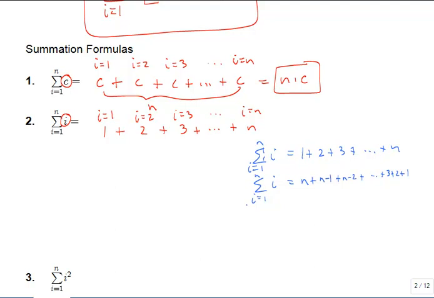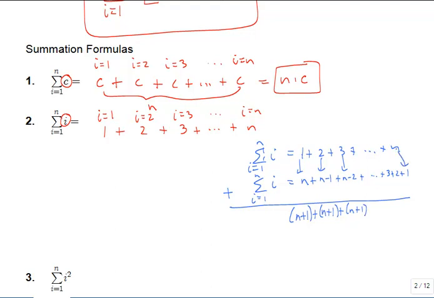So what happens if I add these two things together? Well, 1 plus n is n plus 1. 2 plus n minus 1 is also n plus 1. 3 plus n minus 2, well 3 minus 2 is 1, so that's also n plus 1.